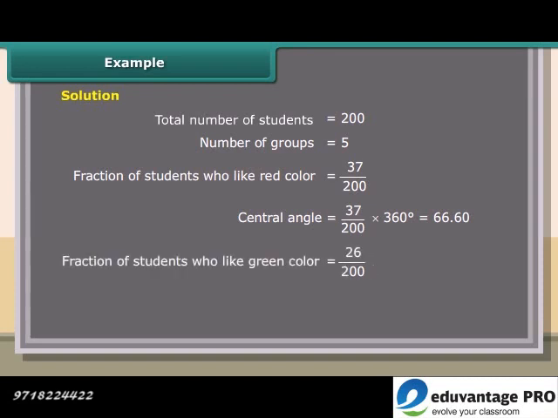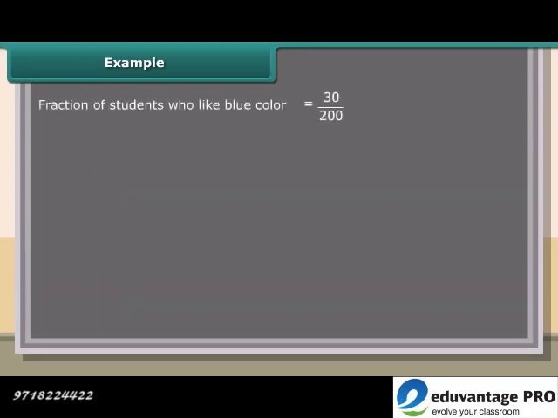Fraction of students who like green color is equal to 26 upon 200. Central angle is equal to 26 upon 200 times 360 degrees, which equals 46.8 degrees. Fraction of students who like blue color is equal to 30 upon 200. Central angle is equal to 30 upon 200 times 360 degrees, which is equal to 54 degrees.